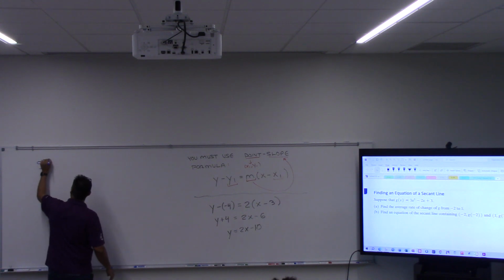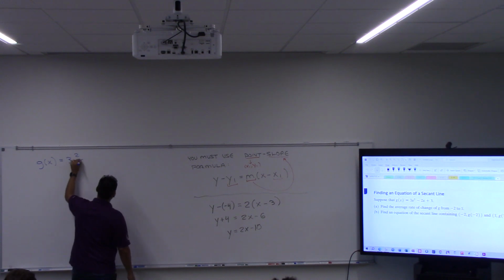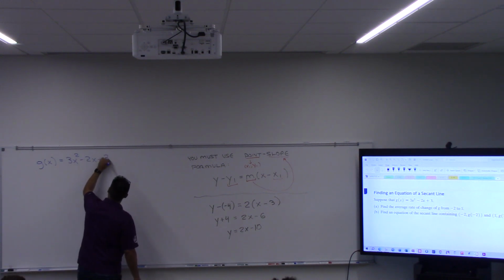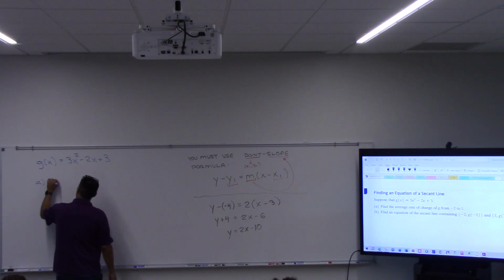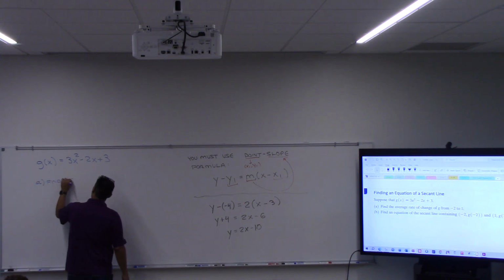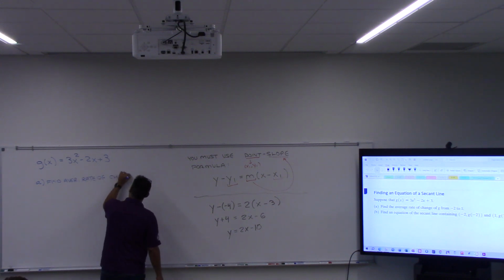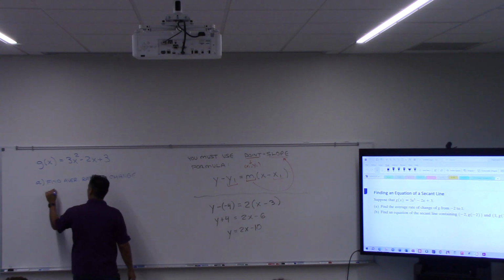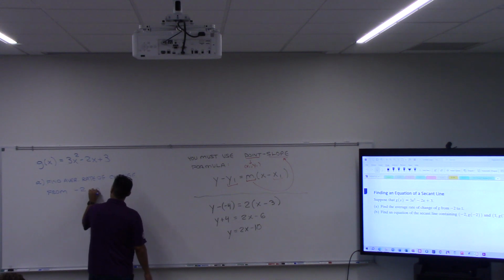That shouldn't freak us out. g of x is 3x squared minus 2x plus 3. Part A. Find the average rate of change from -2 to 1.